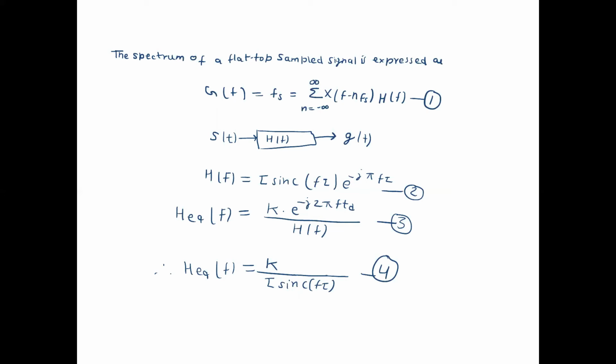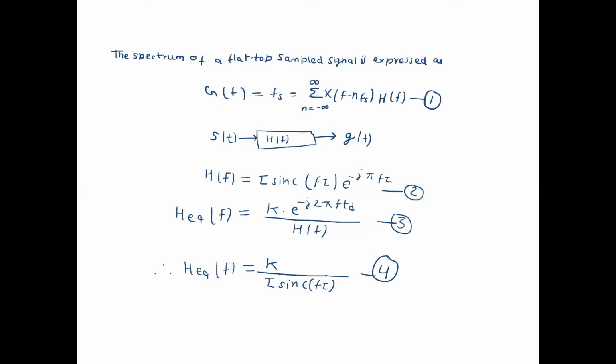Now this H(f) is given by tau sinc(f tau) e raised to the power minus j pi f tau. We are assuming that the area under that particular curve is 1. That's why we have this equation where, if you increase tau, you are going to increase its amplitude also.